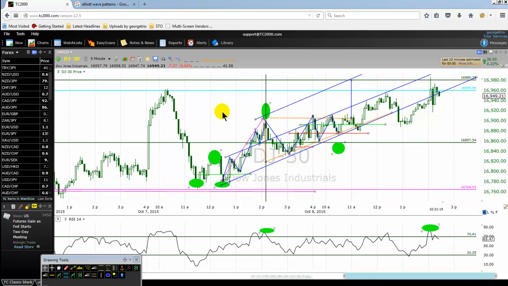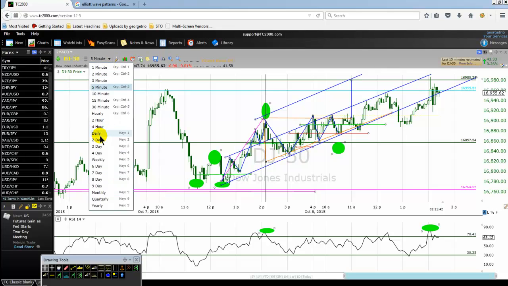The overbought and oversold RSI trading setups that appear around the conversion point are usually very good trading setups. Let's continue to reveal more secrets about the oversold and overbought RSI indicator. I'm going to switch my time frame now to the daily chart.